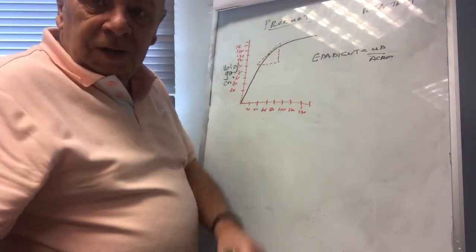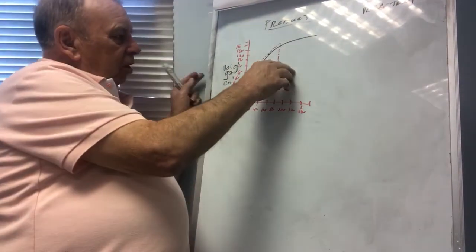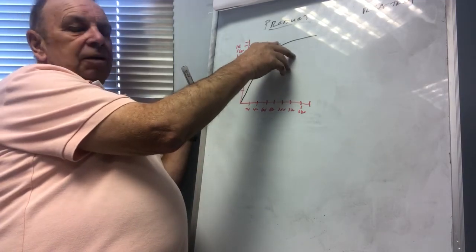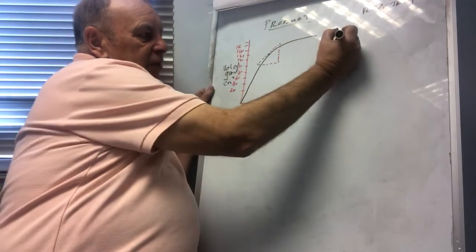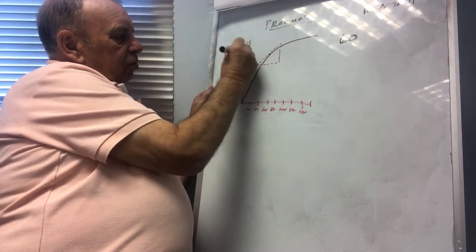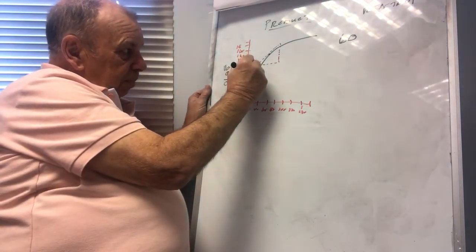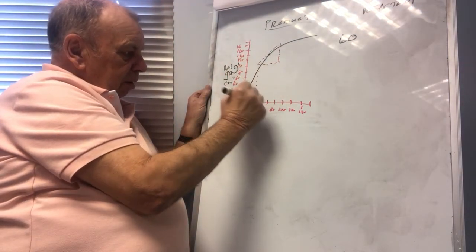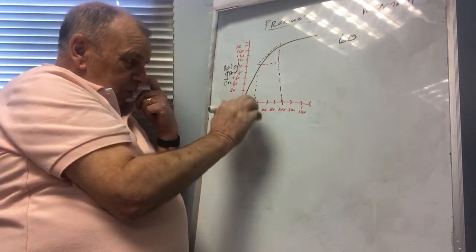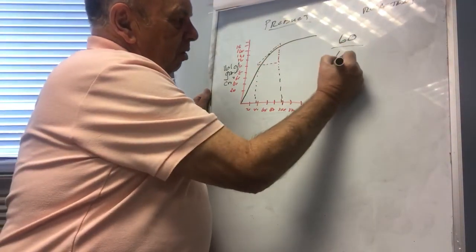The gradient, I've said, is equal to the rate of reaction. How far does that go up? It goes from 100 to 160, which is 60. And the across is from there to there, which is 40 to 100, which is 60.